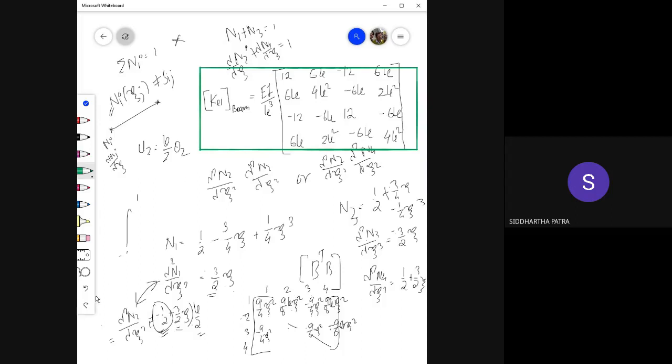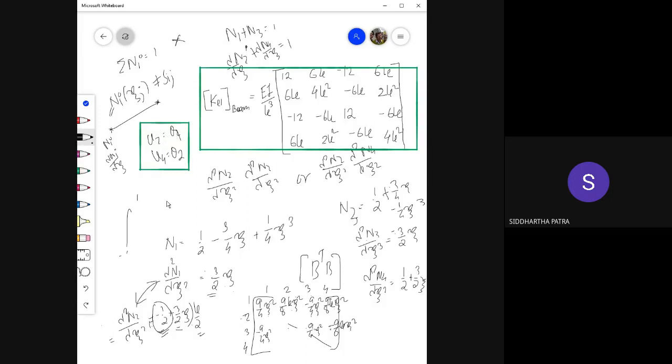Please remember, in this case we would be getting the LE terms in this expression only if we take U2 and U4 multiplied with LE by 2. Sorry, I made a mistake. No, this is not how you are supposed to take. You are supposed to take U2 to be theta 1 and U4 to be theta 2.